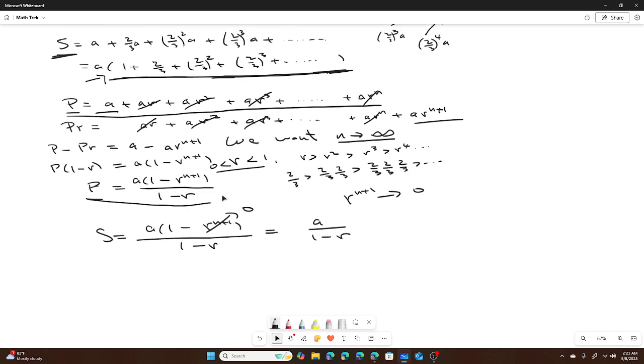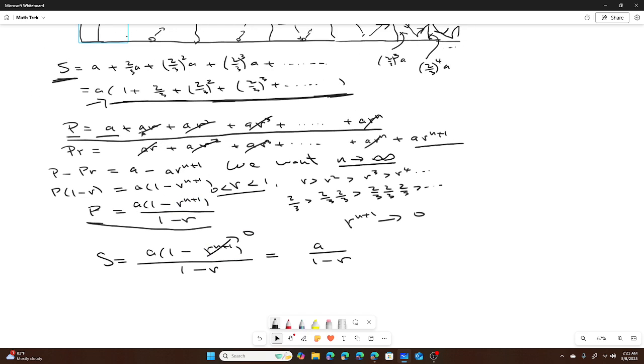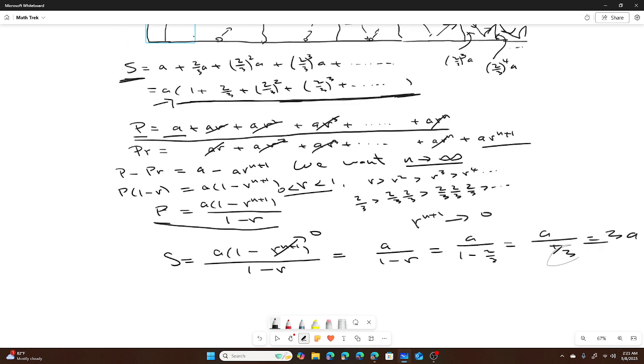So this is our formula to get the value of S. In our case, r is 2/3, so we have a divided by (1 minus 2/3), which is a divided by 1/3, which is 3a.